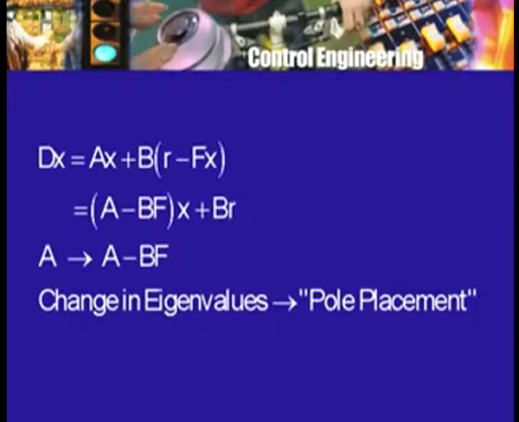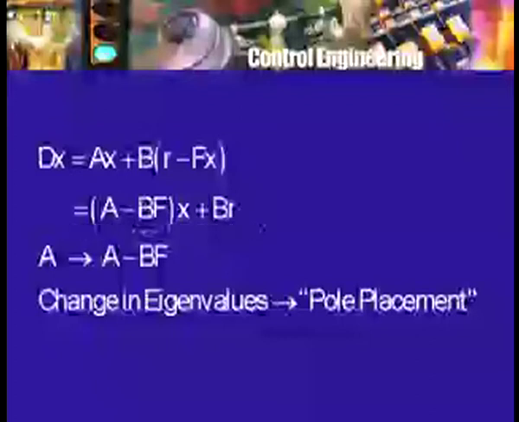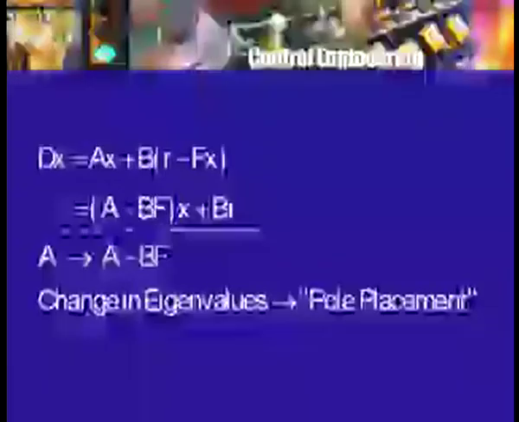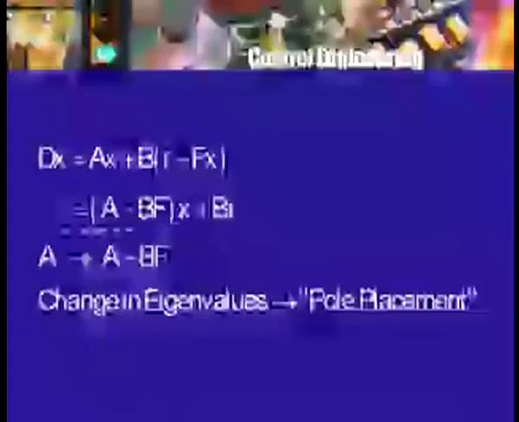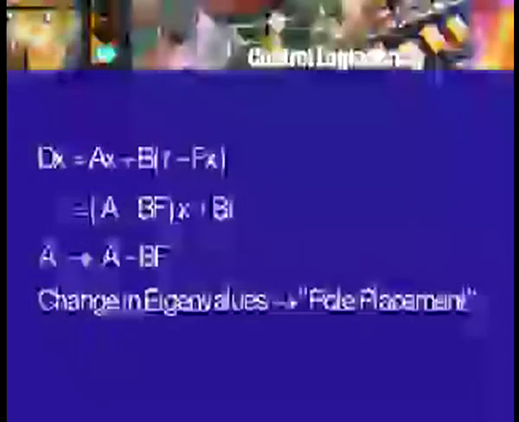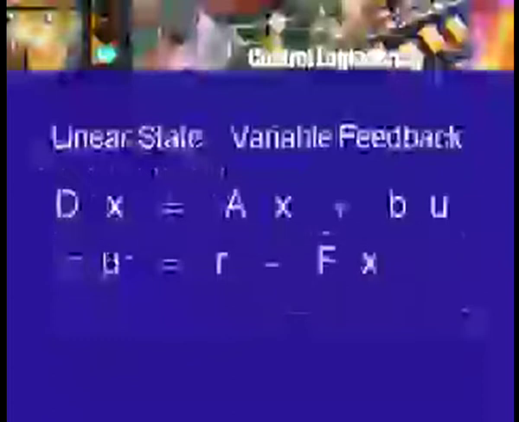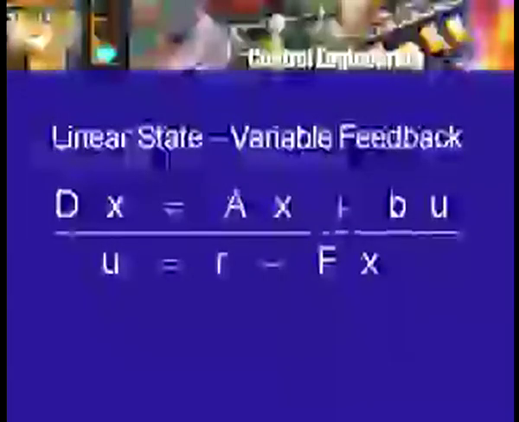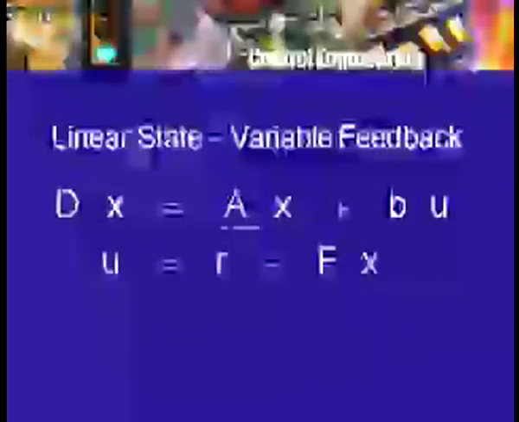So, now of course, there is x here. So, I can pull out this term and I can write this as A minus Bf multiplying x plus B multiplying r. So, what has happened now? The differential equation, which was dx equal to Ax plus Bu, and therefore, the matrix A determined the nature of the response. The differential equation has changed.